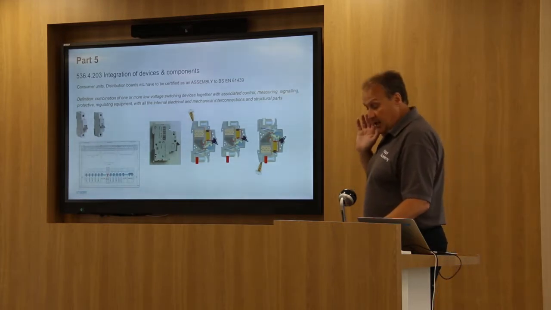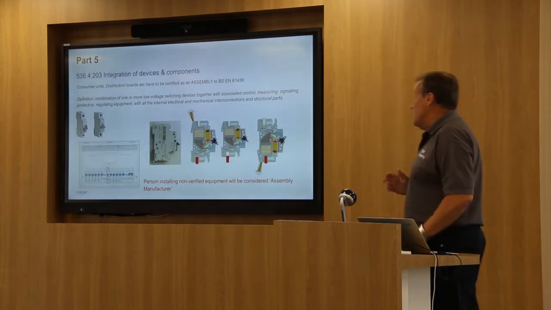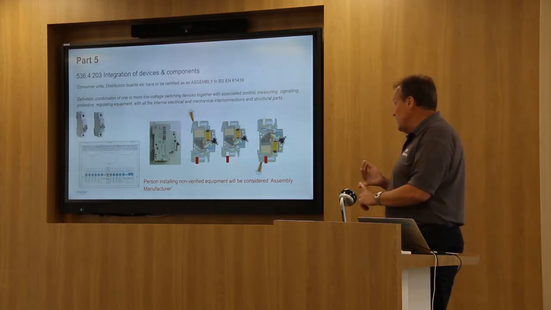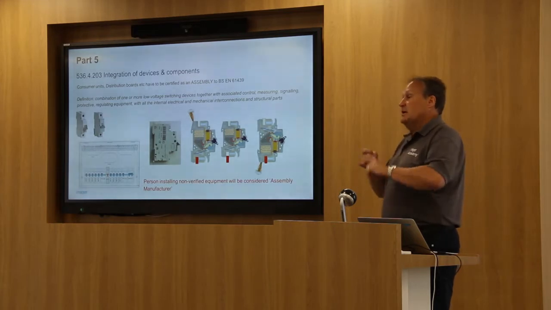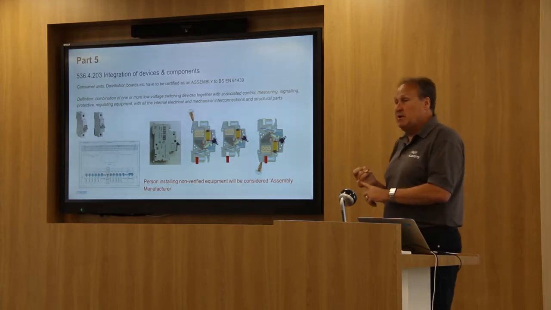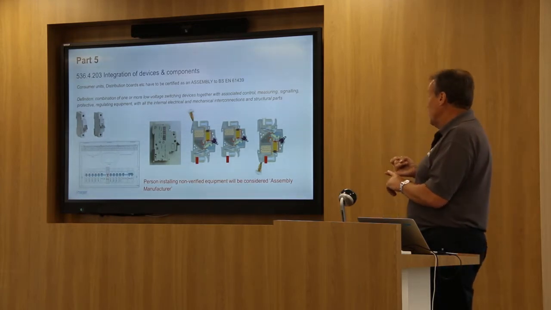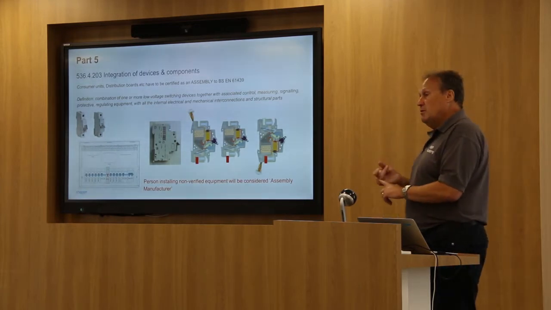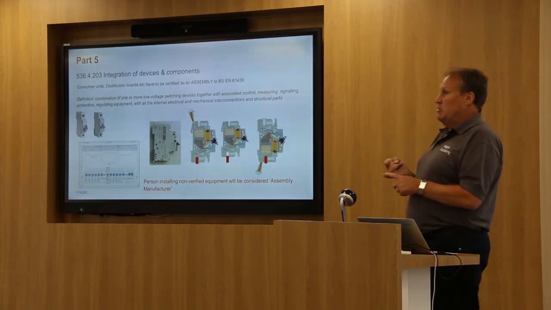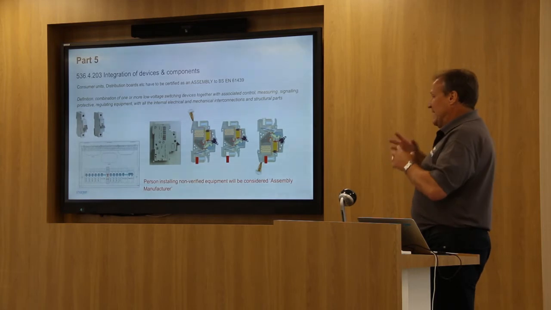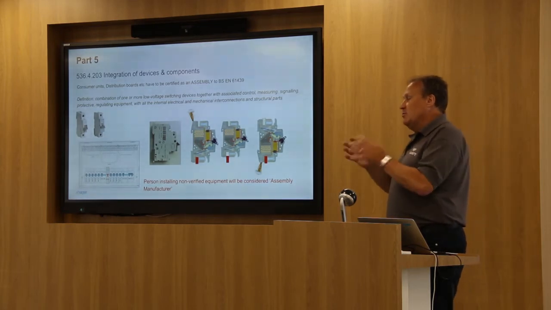But if you do so, you will be deemed the assembly manufacturer. So you will be like switchboard manufacturers. They do this, and they take the responsibility, and they have the appropriate insurances as an assembly manufacturer. Most installers, if not all installers, will not have this responsibility. They will not want to take on this responsibility. So basically, the guidance is do not do this.